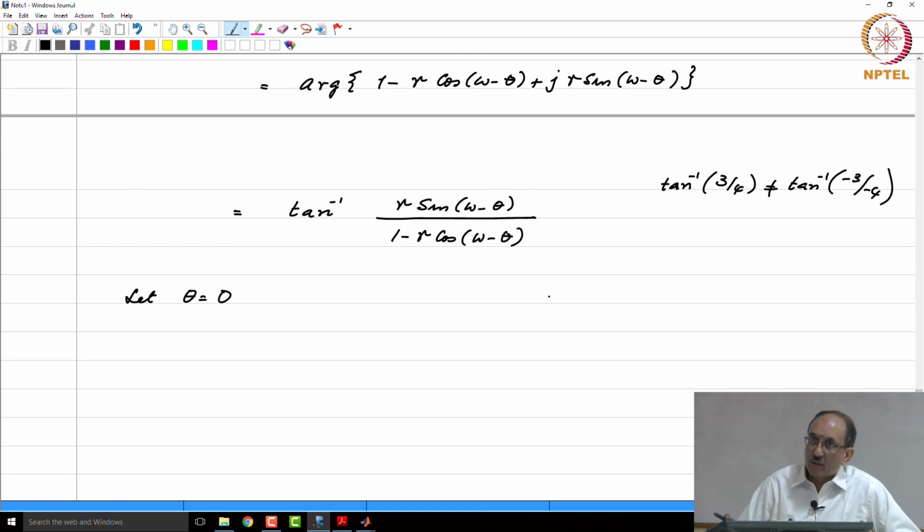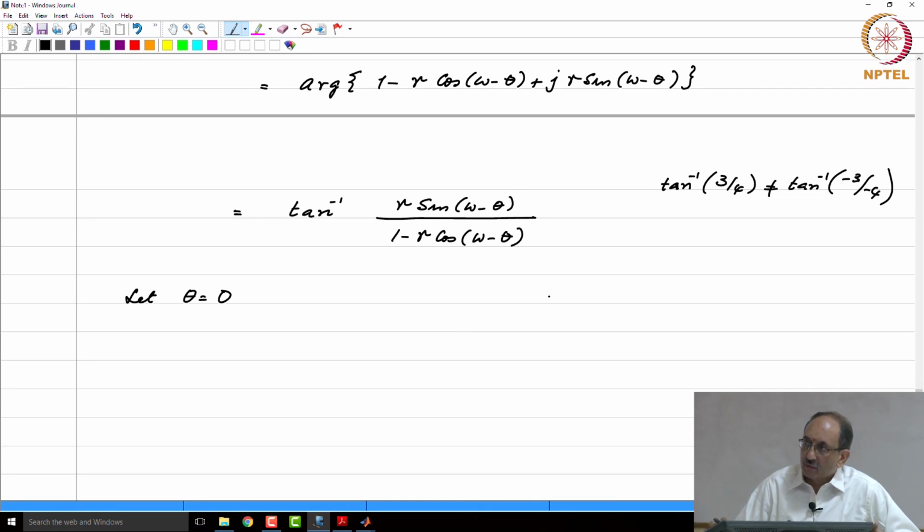Similar to the geometric interpretation of the magnitude of a minus b, where a and b are complex numbers, that interpretation is that it is the length of the vector joining these 2 points. Similarly, the geometric interpretation of the angle of a minus b is basically the angle of the vector joining these 2 points.